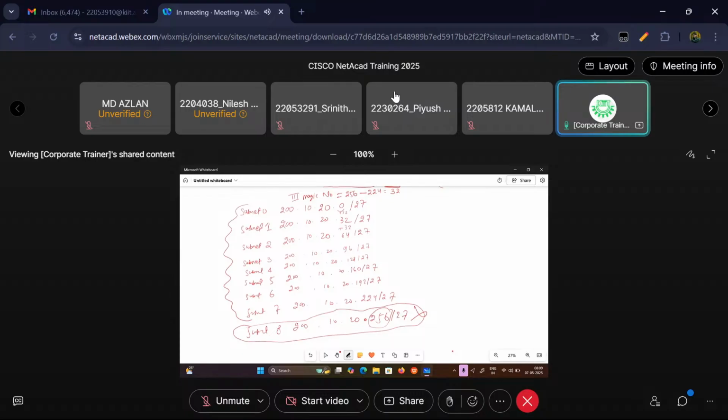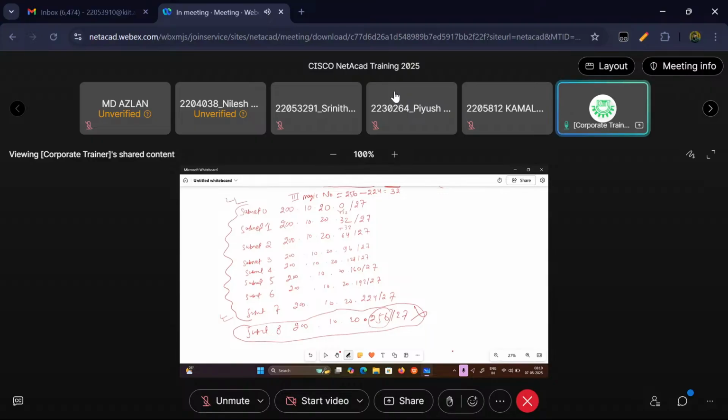I had a requirement of 5 subnetted networks, but I have configured 8, so only 3 subnetted networks are going to be wasted. Anyhow, we have minimized that wastage. Generally, subnet 0 we don't assign to any network.